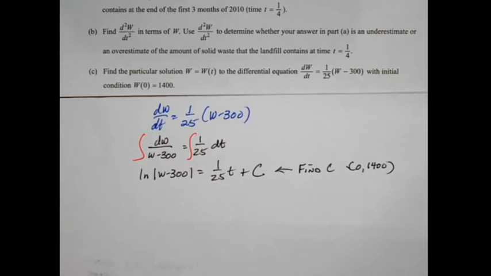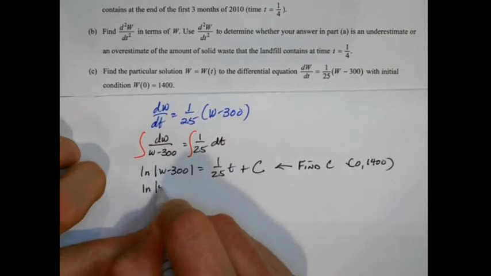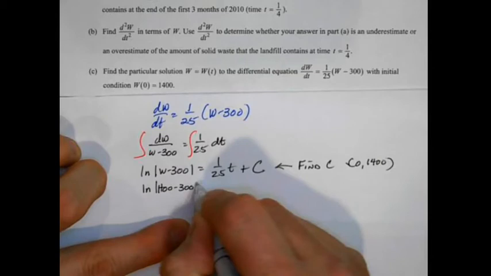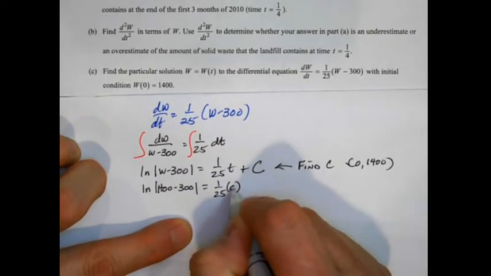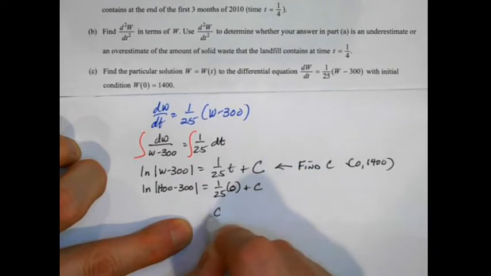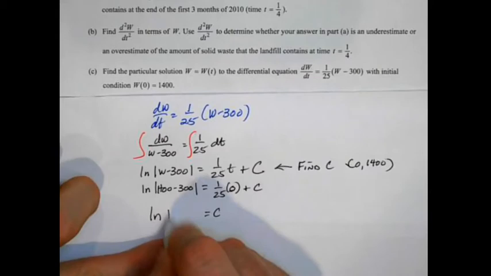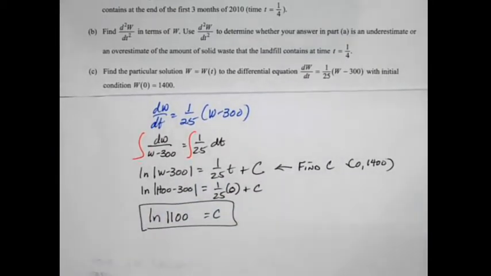So if I plug in 1400 for W, equal to 1/25th times 0 plus c, you notice c is the natural log of 1100. Okay, perfect. There's our c value. c is the natural log of 1100.